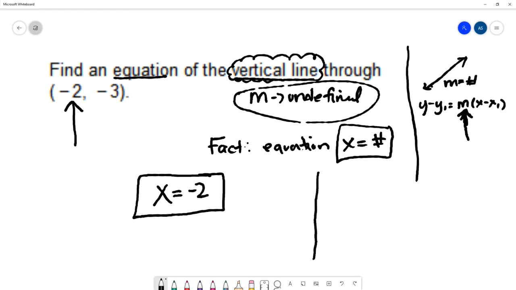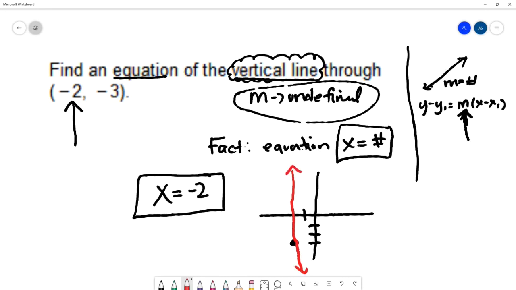Let's see a picture of that. So we want our line to pass through the point -2, -3. So -2 and -3 is right here. And we want it to be a vertical line that goes through that point.